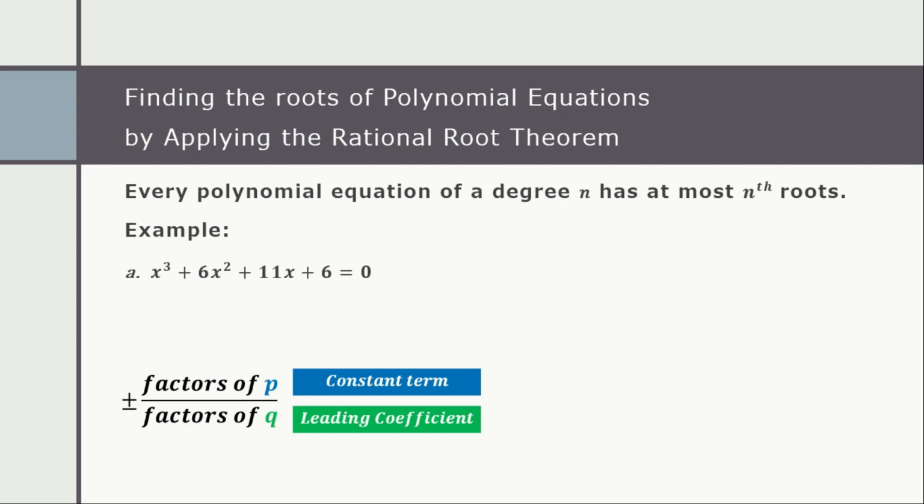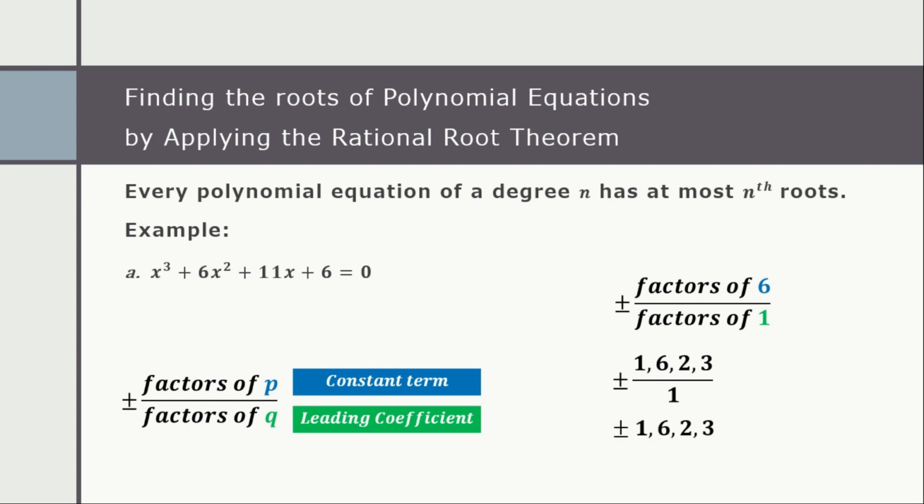In the given example, the constant term is positive 6, while the leading coefficient or q is positive 1. The factors of 6 are 1, 6, 2, and 3, while the factor of 1 is 1. So we have positive and negative 1, 6, 2, and 3 over 1. In simpler form, we have positive and negative 1, 6, 2, and 3.